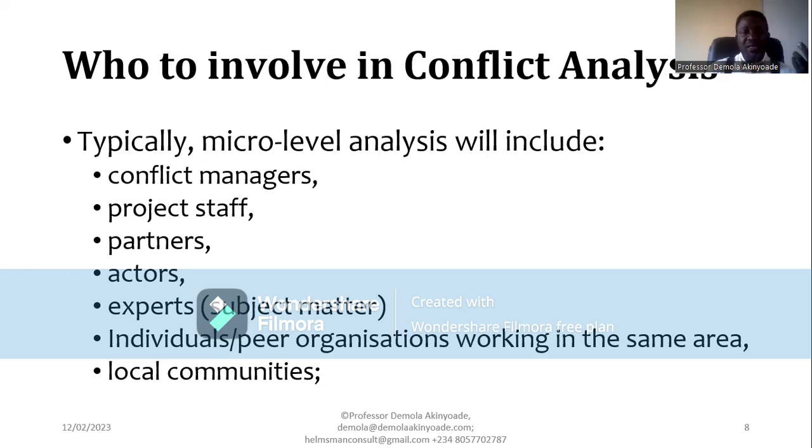We don't want to do that here because the issues of conflict sometimes might be matters of life and death. So you want to be as accurate as possible in the data collected because these are going to inform your intervention and your management of the conflict.